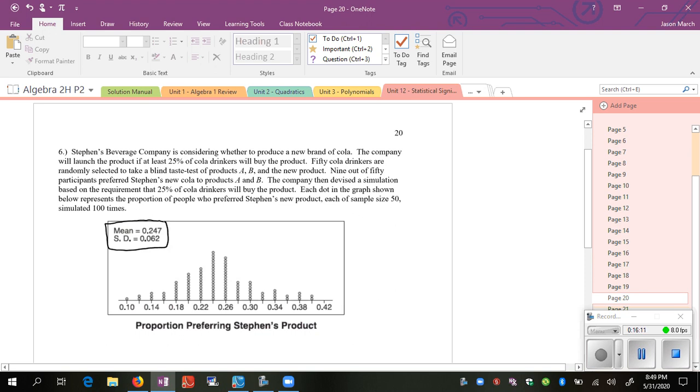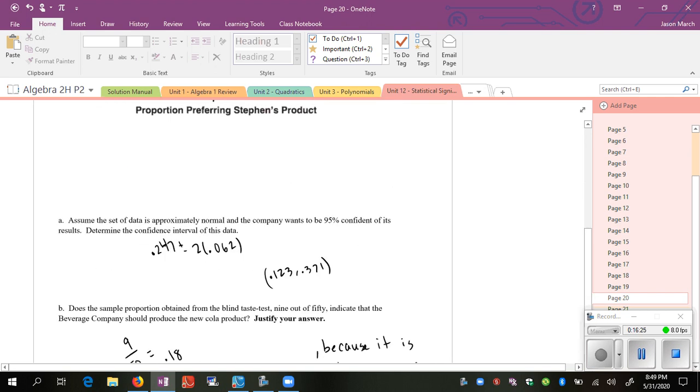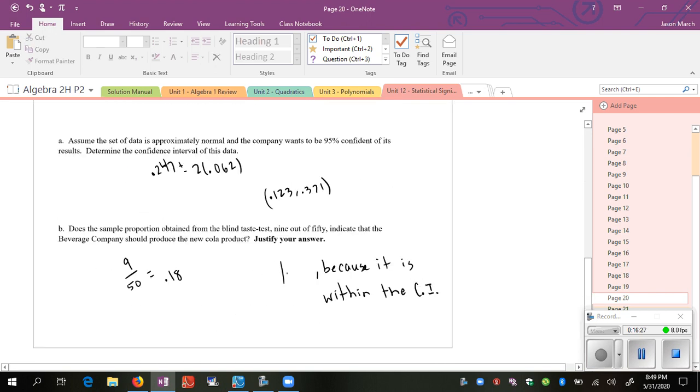Because 0.18 is close to 0.25, close enough that it's within the 95% confidence interval built off of this, the answer is going to be yes. All right, I know that was kind of confusing, but hopefully that should get you through the first part of confidence intervals.